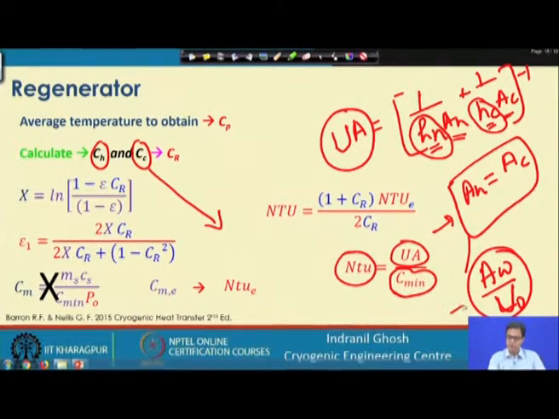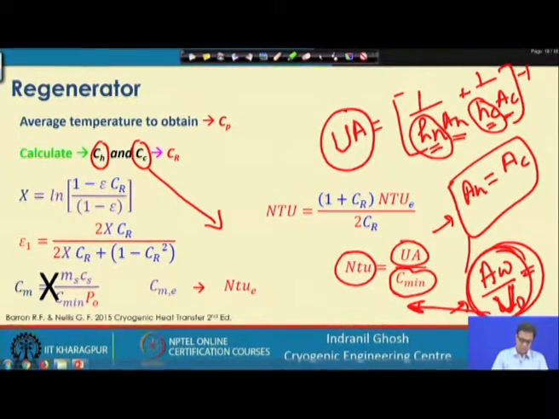This AW by V0 is already known in terms of its porosity and so on, and we can correlate V0 with the length, and from there calculate the length of the regenerator.